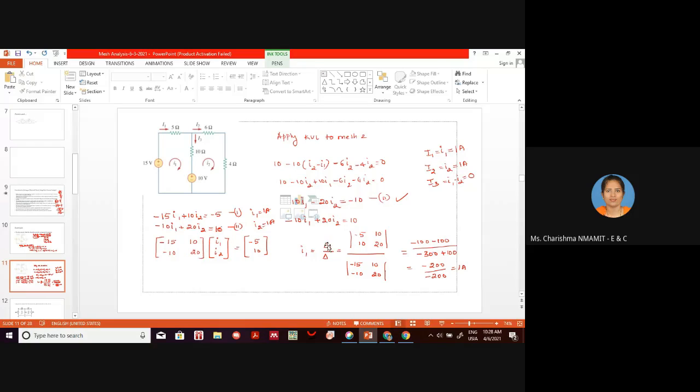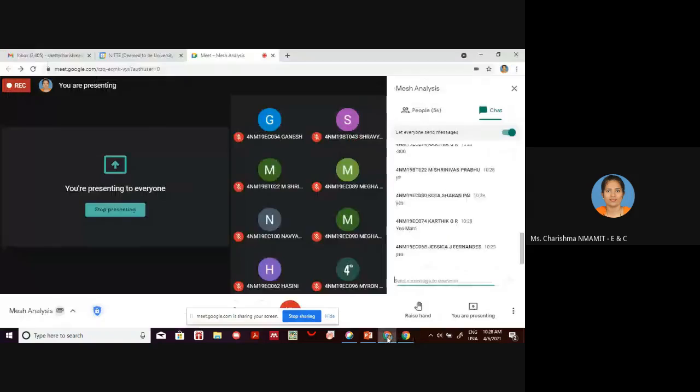What is delta 2? I2, how will you find it? It is delta 2 by delta. You have to replace the second column by the right hand side coefficient in the determinant of delta. Then you will get delta 2. Did you get how to use this?